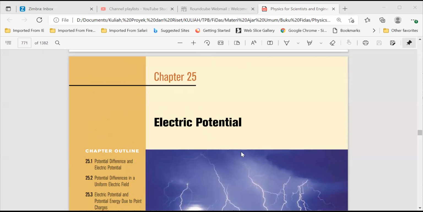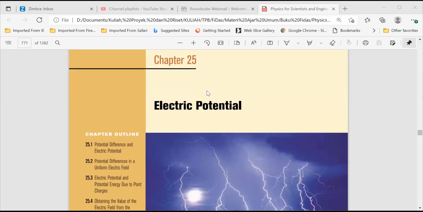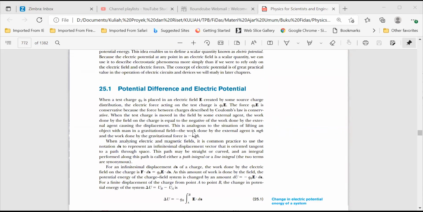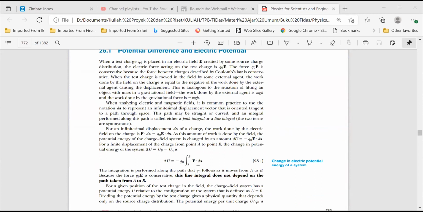So this is from the book. We have also discussed this electric potential, the difference of energy potential, equation 25.1.